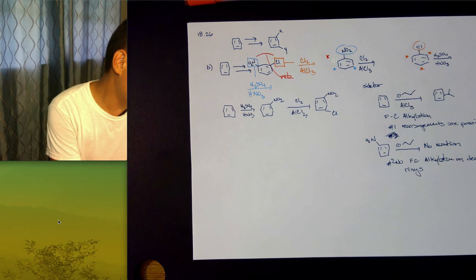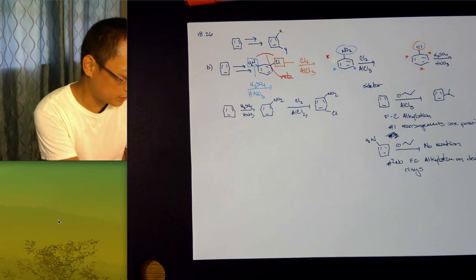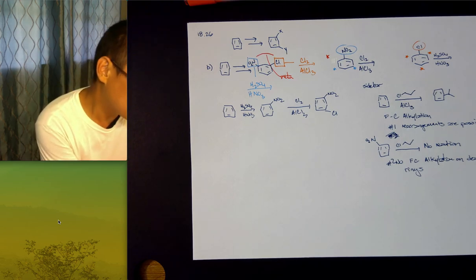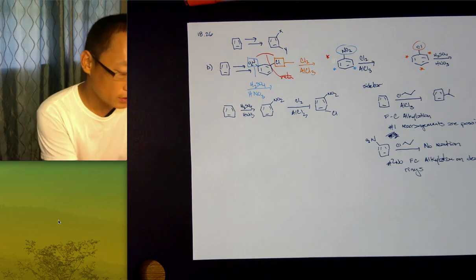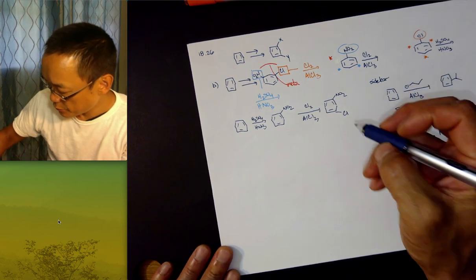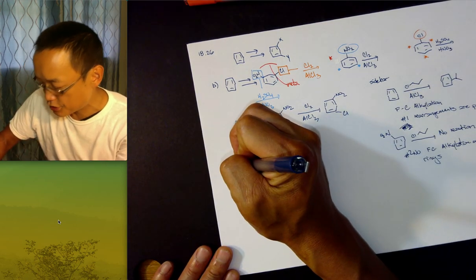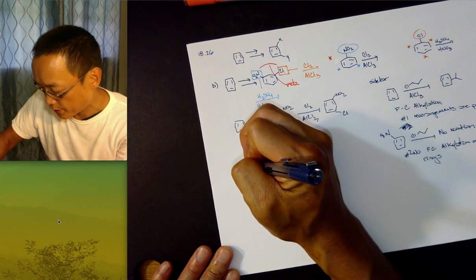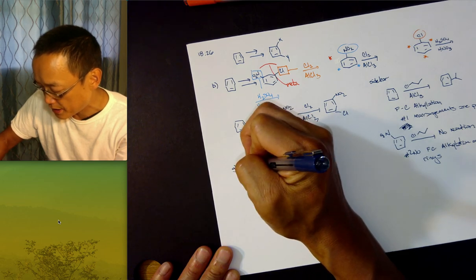Taking a look at perhaps another example here. Yeah, let's take a look at G. I'll just do G because G encompasses a lot of the chemistry in some of these other examples.